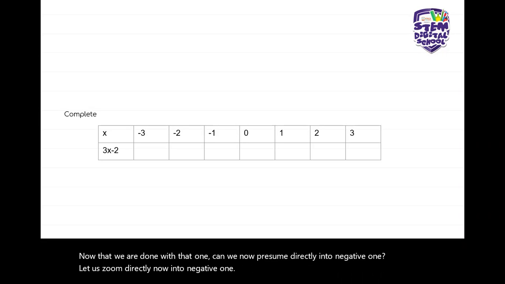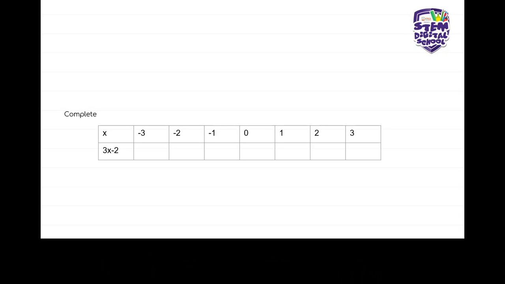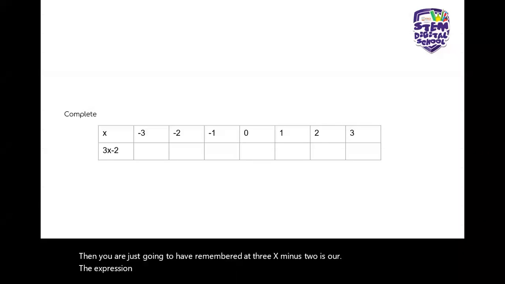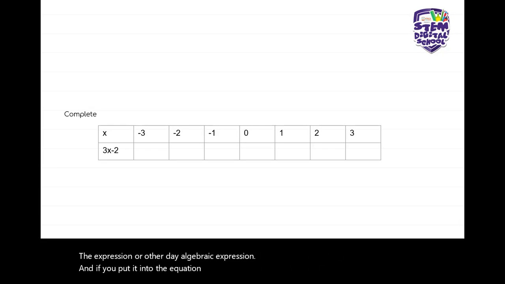Right, Huapile and Lehumo, thank you very much indeed. If x is negative 1, then you are just going to have, remember that 3x minus 2 is our expression, or rather the algebraic expression. And if you put it into the equation, y is equal to 3x minus 2.